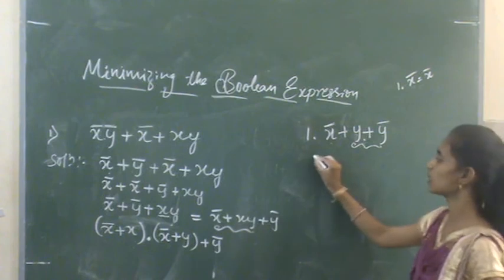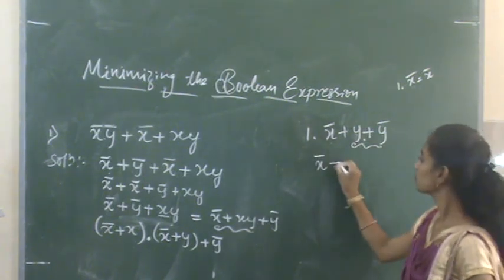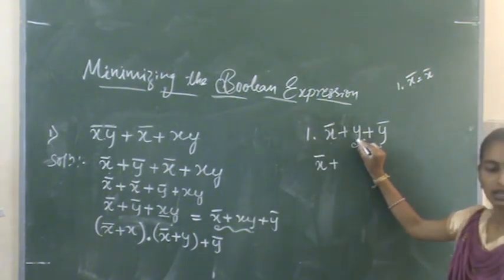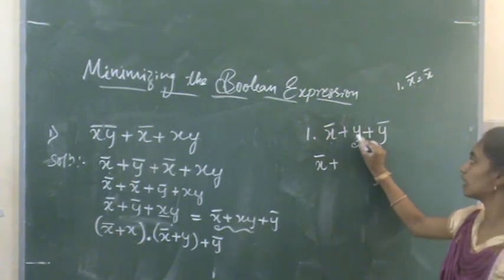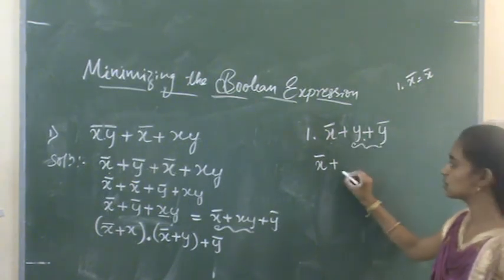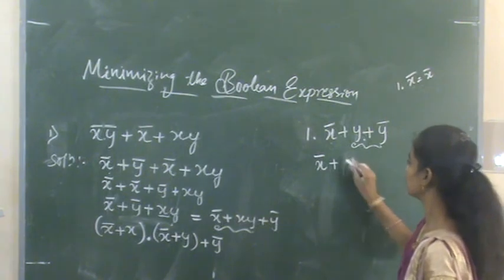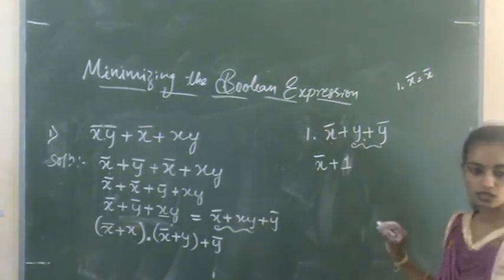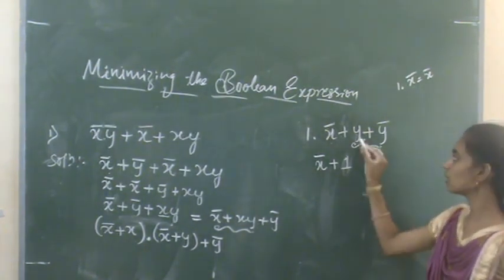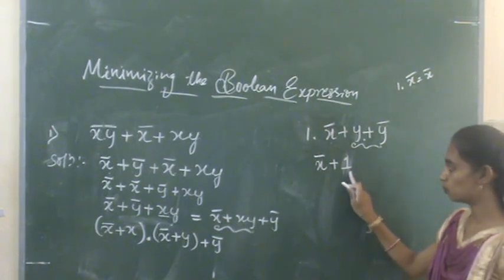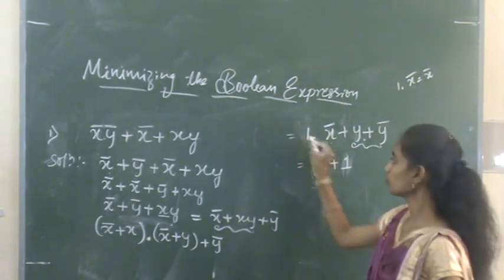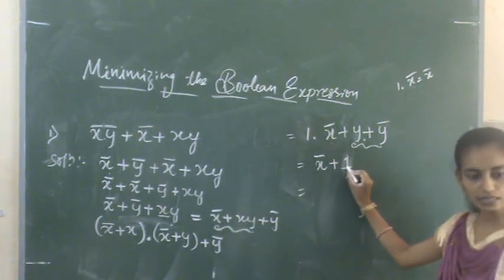So 1 into x bar is x bar plus, we know that by the complementative law, y plus y bar is equal to 1. So according to the complementative law, y plus y bar is equal to 1. So now this is also the same.